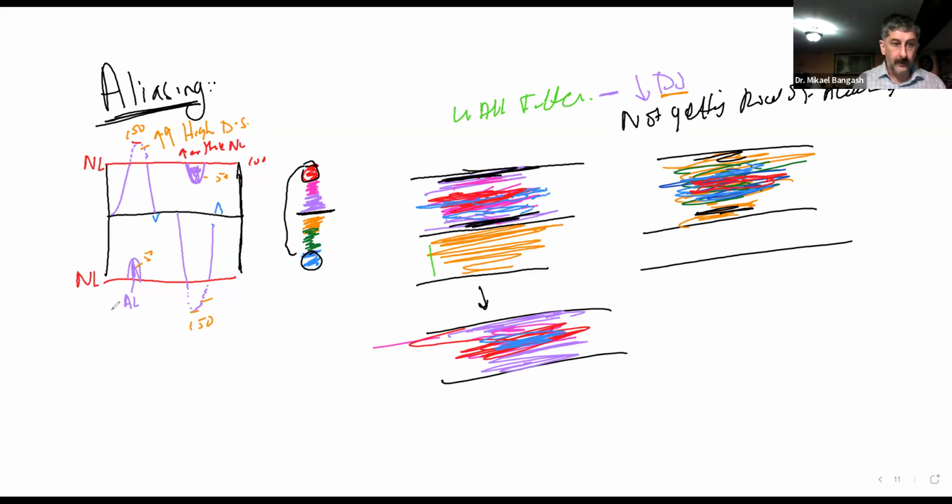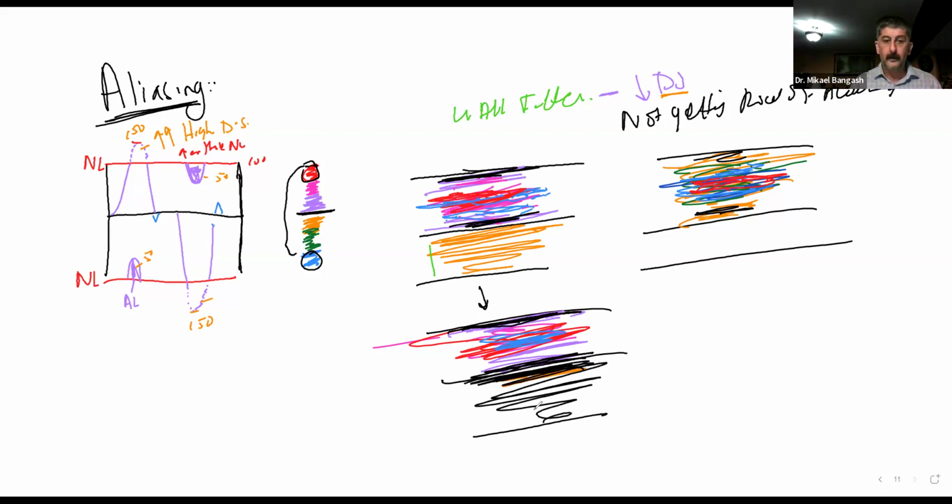You may have a slight blackening out, but that bottom vessel, mainly because it had a low Doppler shift, may get emptied by the wall filter. But aliasing remains, the same as what happened over here.